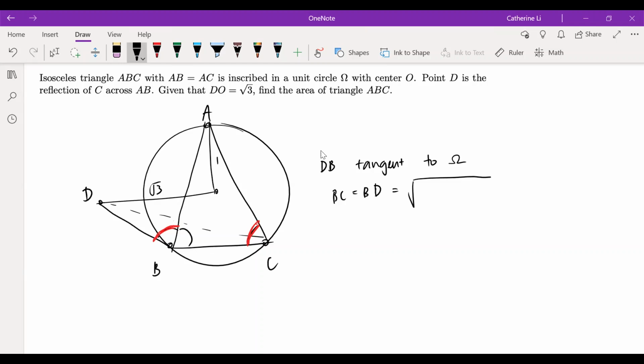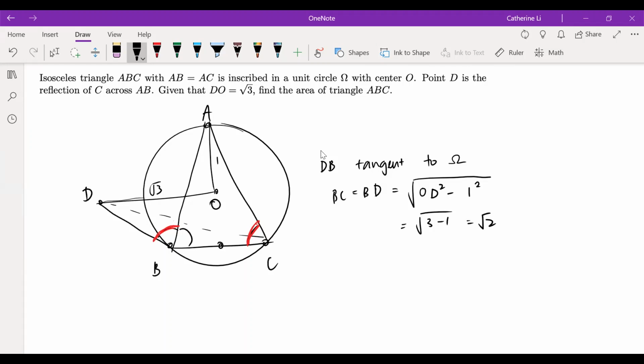So we can prove this pretty easily by writing out the lengths, but I will not do that right now. So that gives us OD squared minus R squared, which is just 1 squared. And OD is equal to root 3, so this is square root 2.